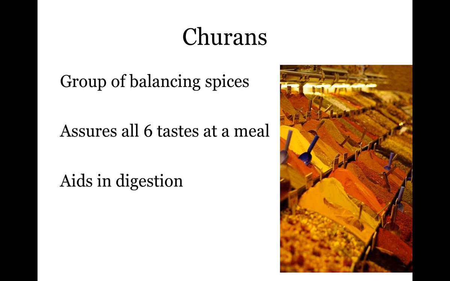Churns, or collections of spices or herbs, are incredibly powerful to use wherever you are, whenever you're eating. You know, mother's milk is the perfect food, and milk happens to carry all 6 tastes. So using a churn is like providing that perfect balanced meal that keeps us sustained as we're growing from infancy on.